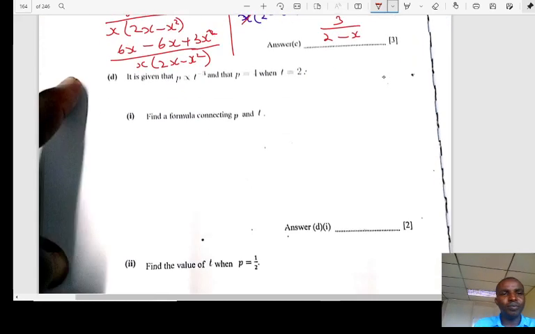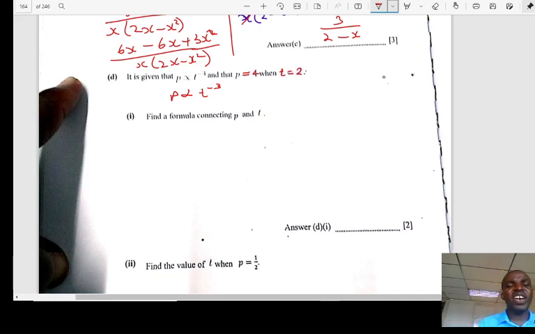Then done. Question part D, it is given that p varies directly as t to the power minus 3. That one is actually inverse variation, right? So it's p, t to the power minus 3 like this one. And p is equal to 4 when t is equal to 2.